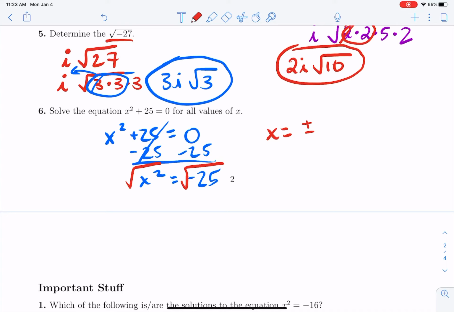Square root of 25 is just 5, and then remember this has really a 25 and a negative 1 in it, so square root of negative 1 is always i. When you enter this into Desmos, you want to write 5i or negative 5i.